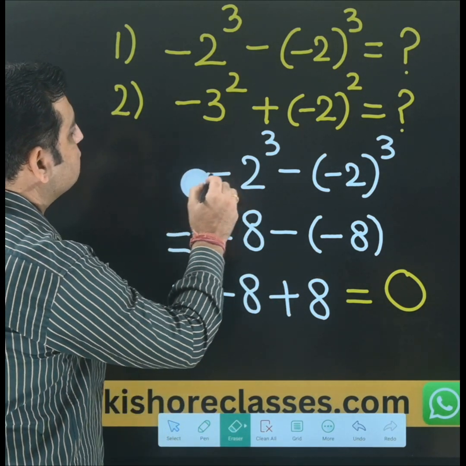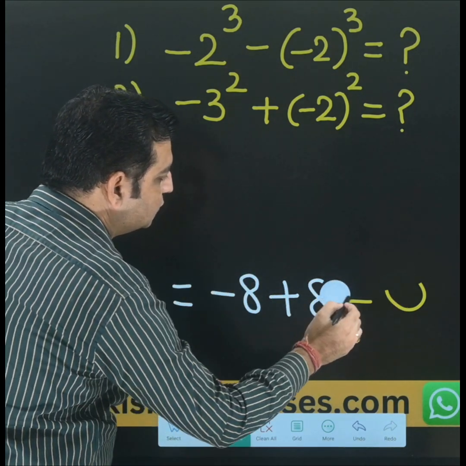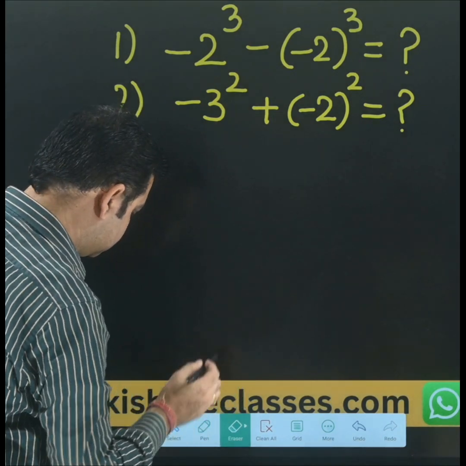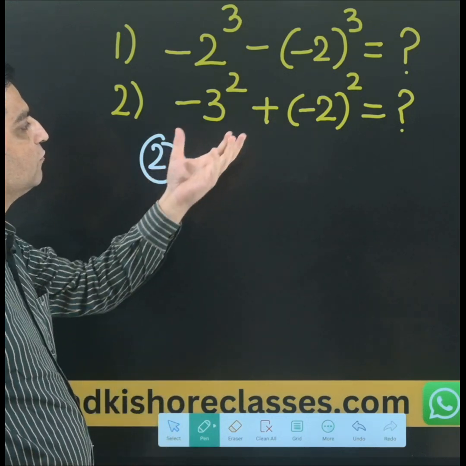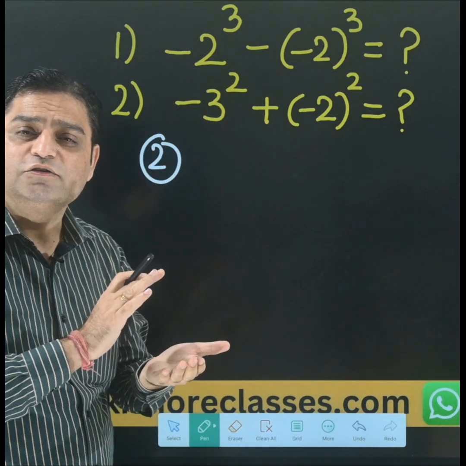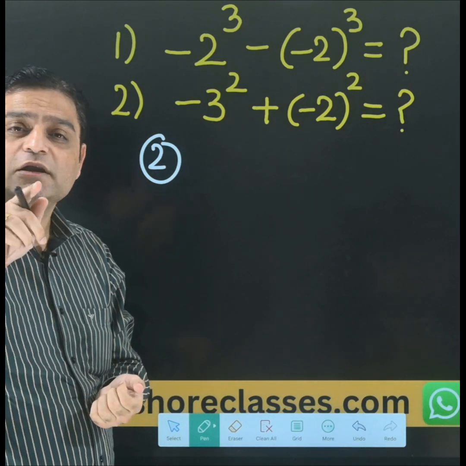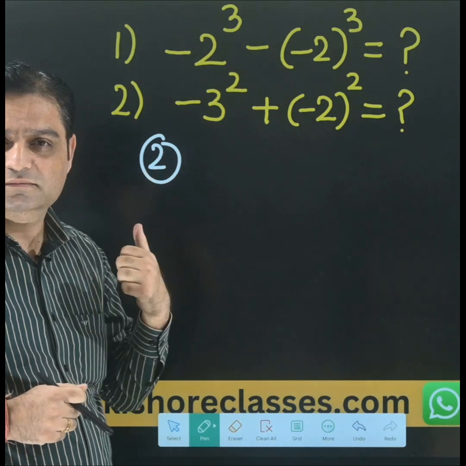You check the statement. You can try doing the second question and let me know the final answer. Okay, second question. The statement is written above. Minus 3 square. A mistake usually happens here. Many of you might be thinking that minus 3 square is going to be 9.